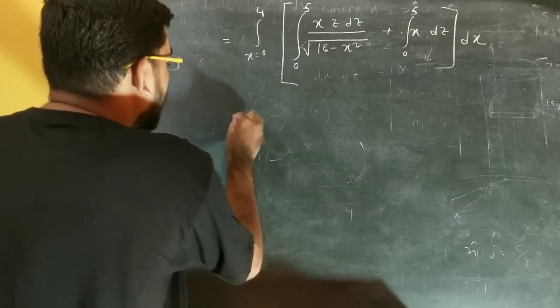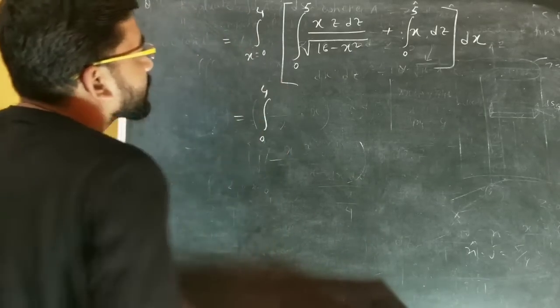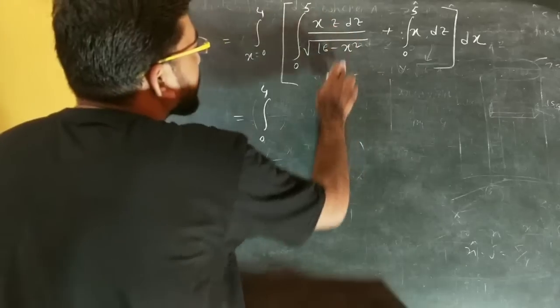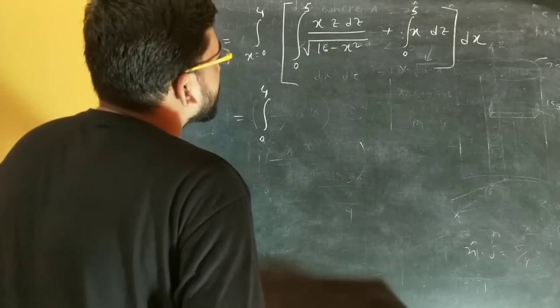So what will you get? From here, x from 0 to 4, and this will be z square upon 2, because z dz means z square upon 2.